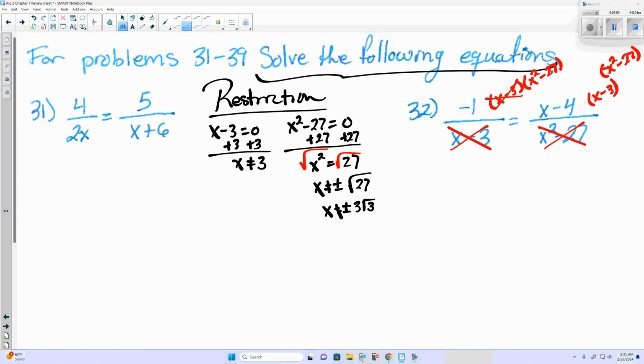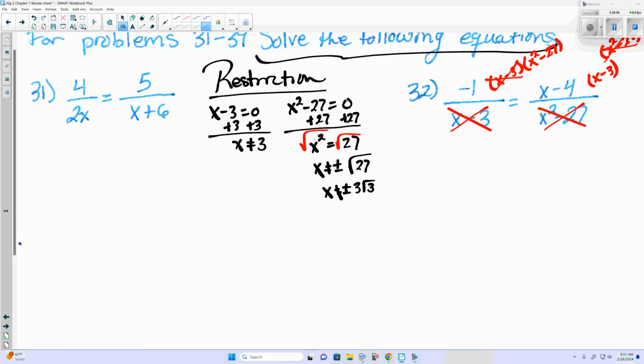Because on the right side, those would cancel. And what that leaves us with is negative 1, negative times our x squared minus 27 is equal to x minus 4 times x minus 3.